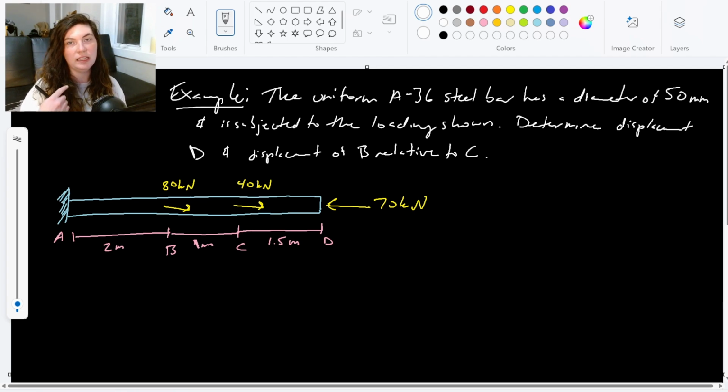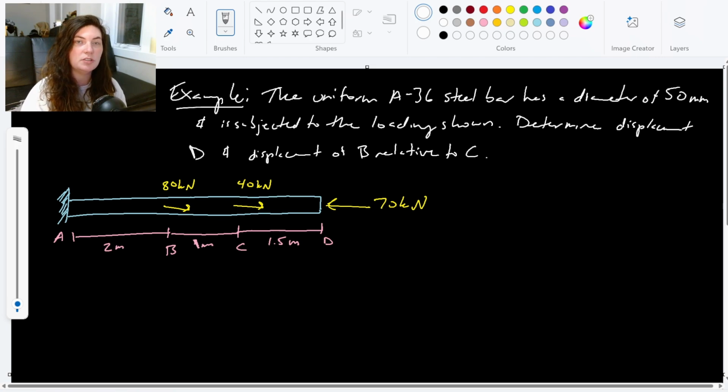Even though the bar is uniform, with the same modulus of elasticity and the same area throughout, it has different normal forces, as well as different lengths for each of these sections.